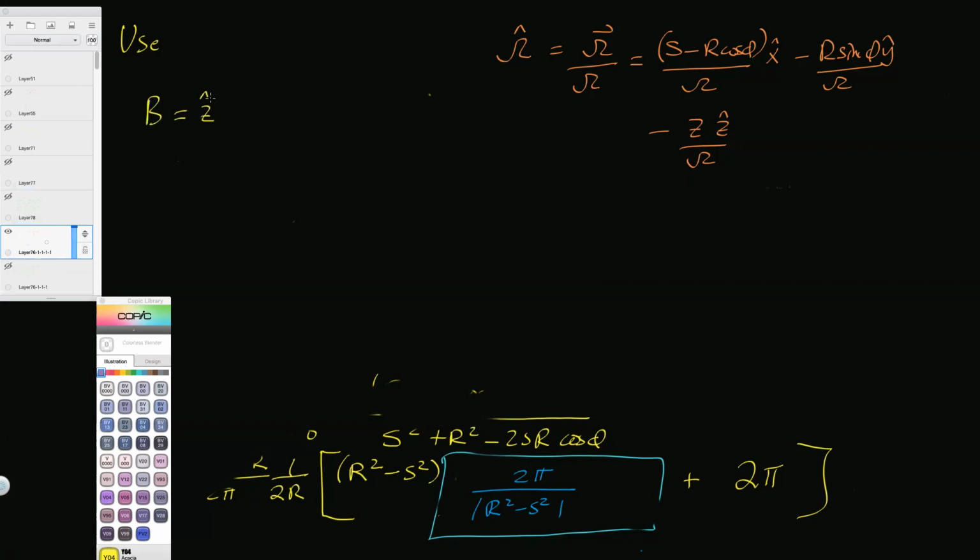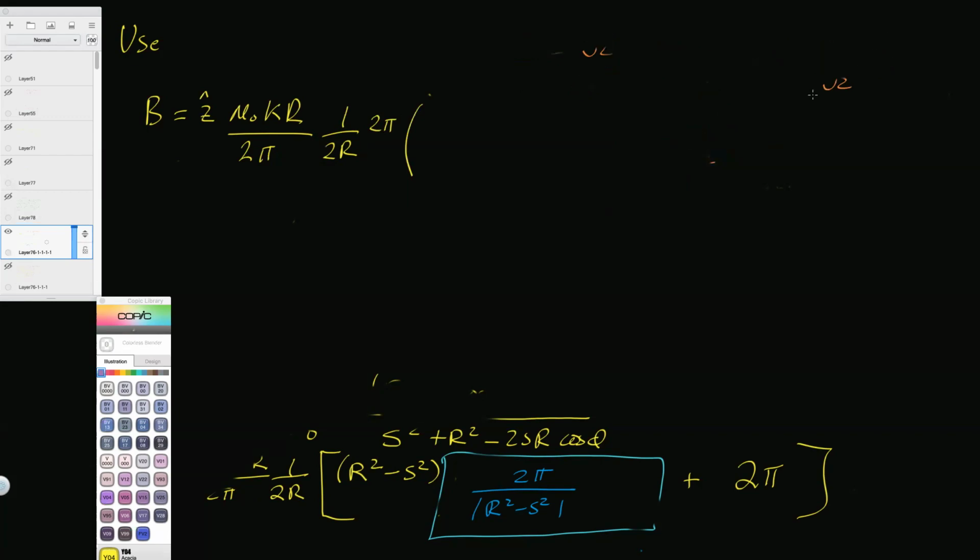You know, a 2 pi, and then 1 over 2r. Oh, and then our stuff. Okay, and then 2 pi can come out. I'll deal with all those constants in a minute. Okay, and then r squared minus s squared over the absolute value of r squared minus s squared, plus 1.